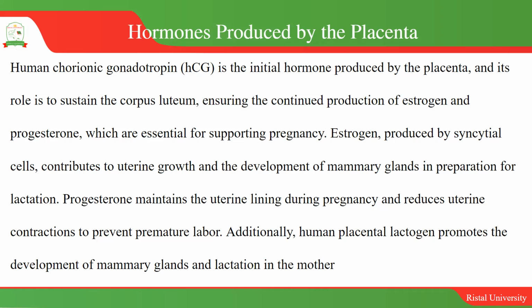Estrogen, produced by the syncytial cells, contributes to uterine growth and development of mammary glands in preparation for lactation, whereas progesterone maintains the uterine lining during pregnancy and reduces uterine contractions to prevent premature labor. Another hormone, human placental lactogen, promotes development of mammary glands and lactation in the mother.